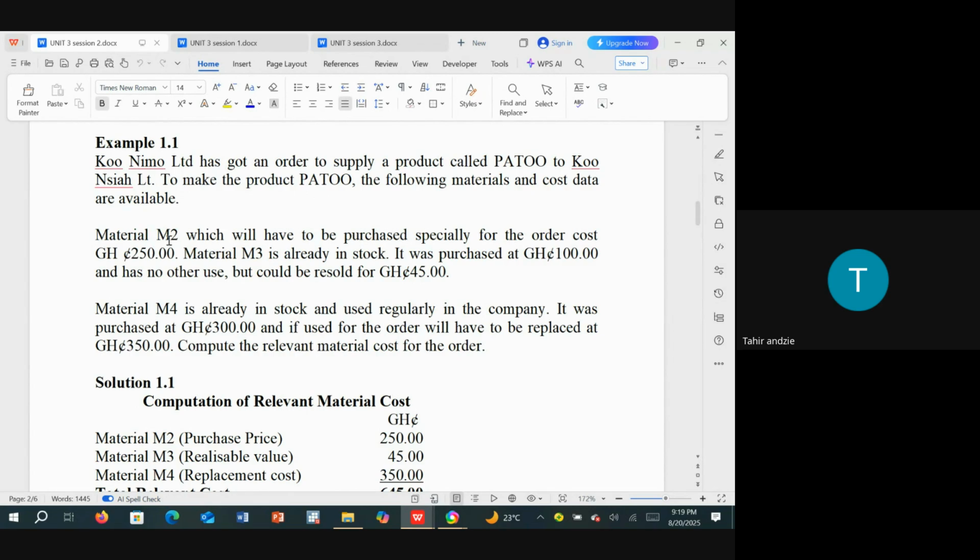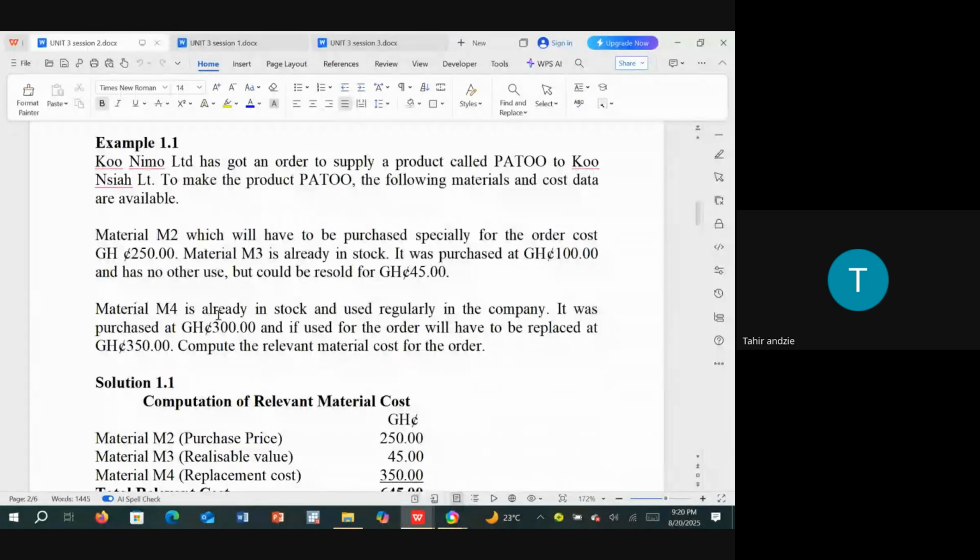We have material M2, which will have to be purchased specially for the order, and it costs 250. Material M3 is already in stock. It was purchased at 100 Ghana cedis and has no other use, but could be sold for 45.